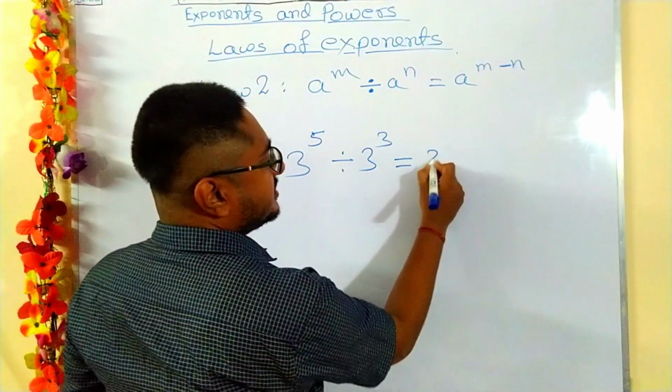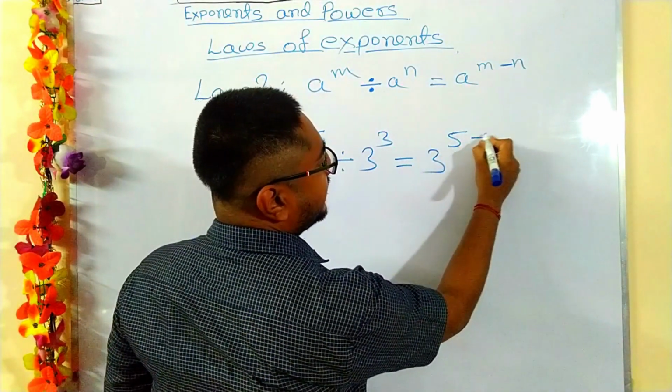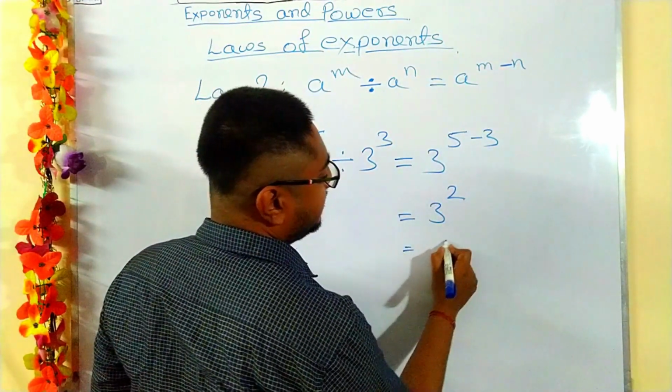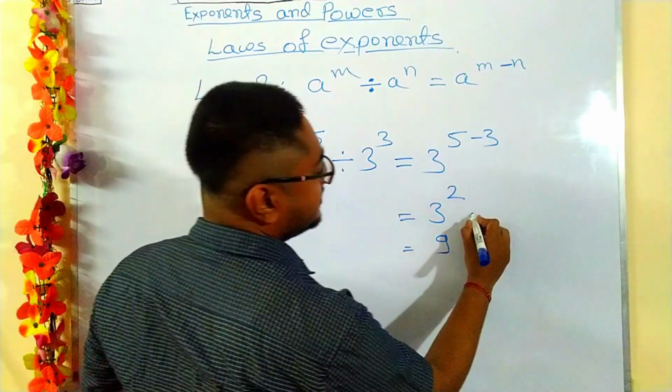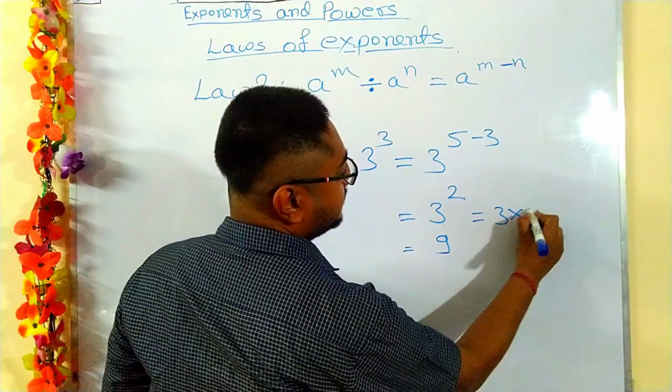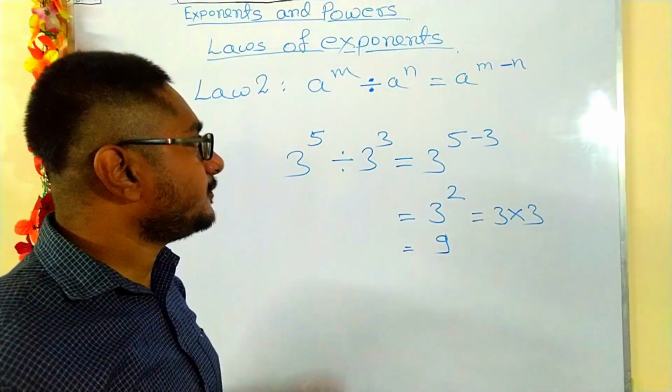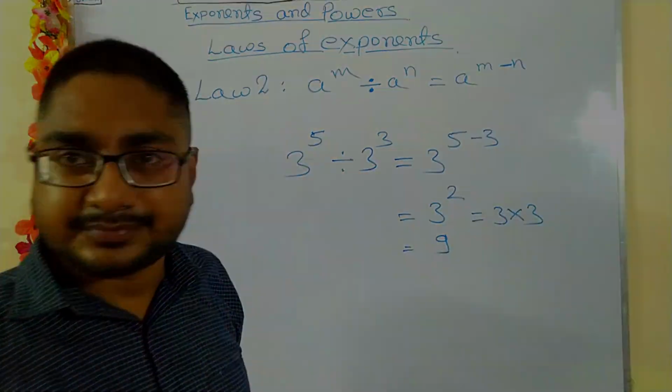We can write it as 3 to the power 5 minus 3, or 3 to the power 2. 3 squared means 3 into 3, so the answer is 9. Hope the second law is clear to you.